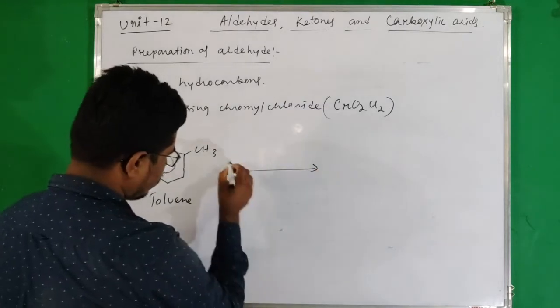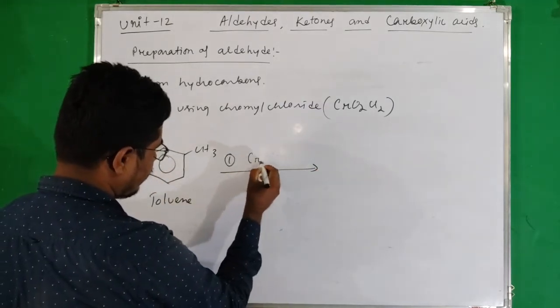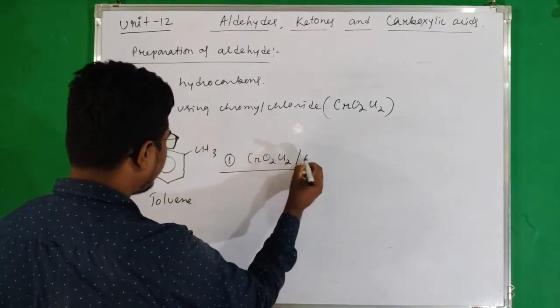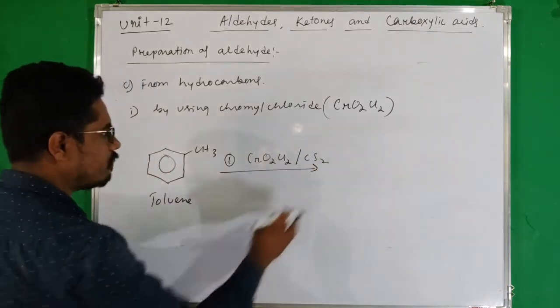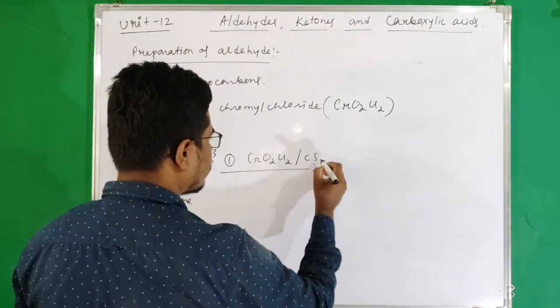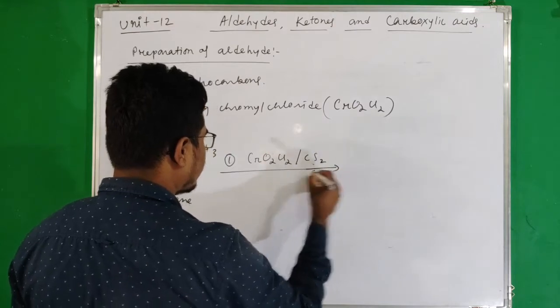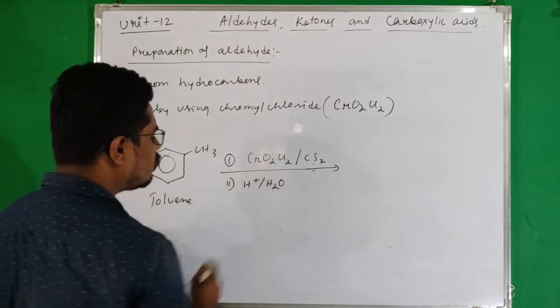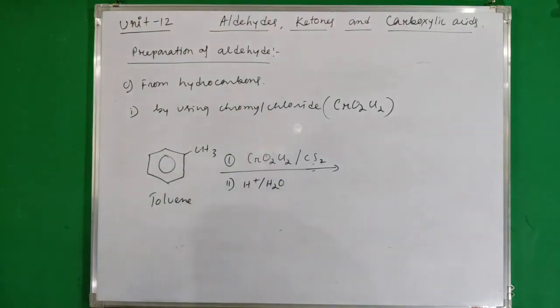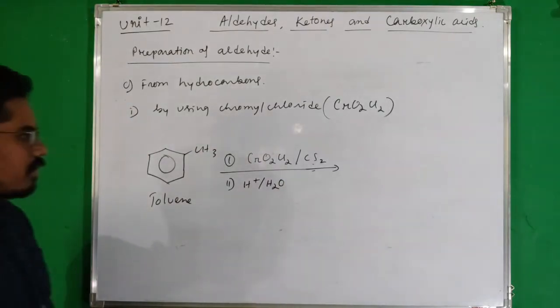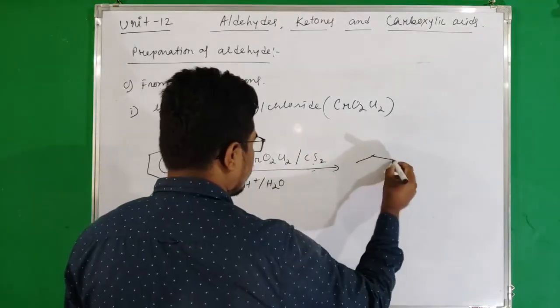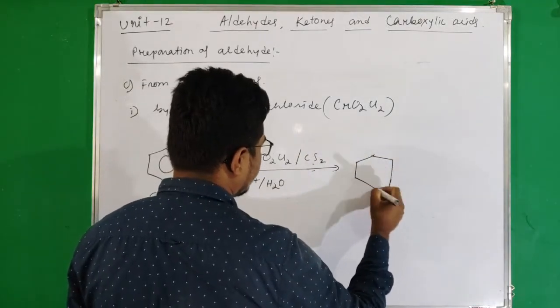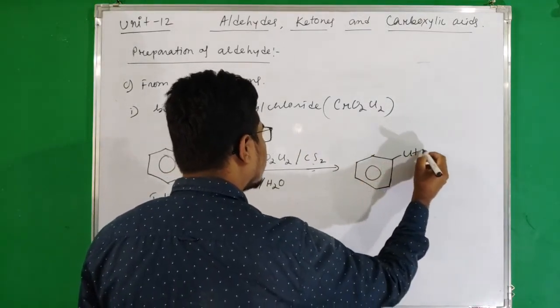When at first we use chromyl chloride in presence of carbon disulfide as solvent, and after that in the second step we do acid hydrolysis, then the CH3 group will convert into CHO.